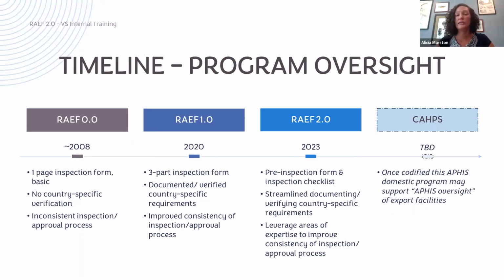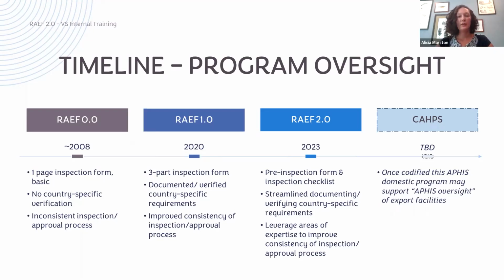The last thing I have on here is the CAPS program. Some of you may be very, very well versed in CAPS. It is our aquaculture commodity staff. They are putting together our commercial aquaculture health program, comprehensive aquaculture health program standards, or CAPS. This is something they've been working on for several years. They're in the process of codifying it into our Code of Federal Regulations.